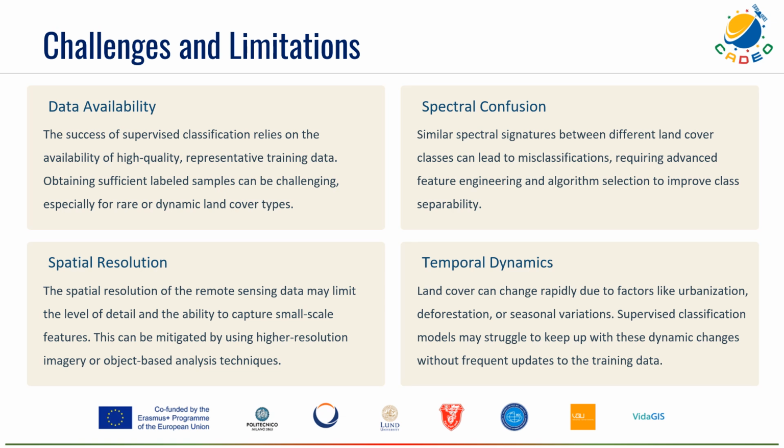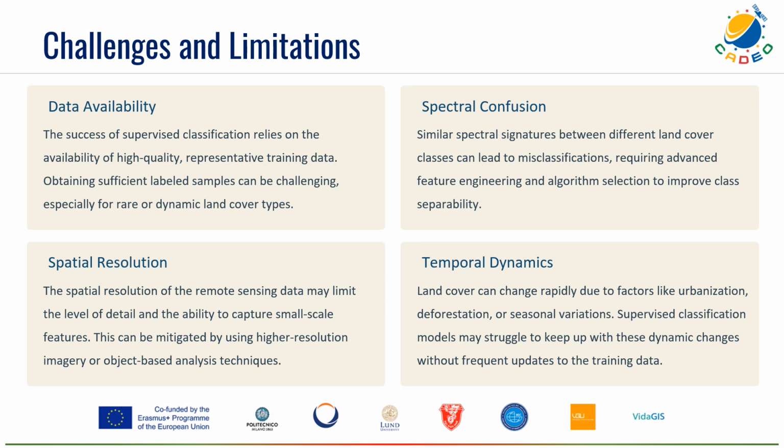The third one we should mention is scale and resolution limitations. The spatial and spectral resolutions of the remote sensing data can limit the level of detail and accuracy that can be achieved through supervised classification.